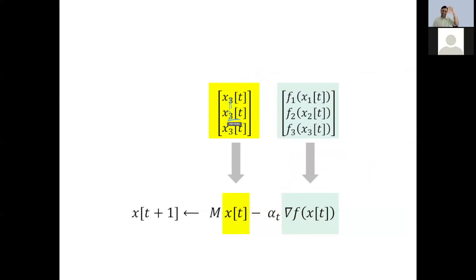So let's stack the variables x1t, x2t, x3t, the state variables. And together, let's think of it as the vector x at time t. And similarly, these gradients I'm stacking up, and I'm going to write this as this vector. Okay, this is just a shorthand for this, and a shorthand for that.